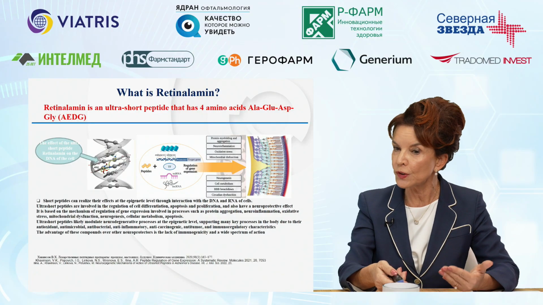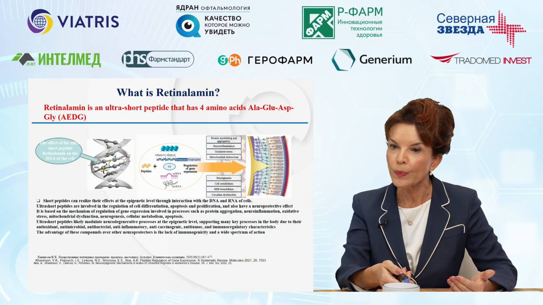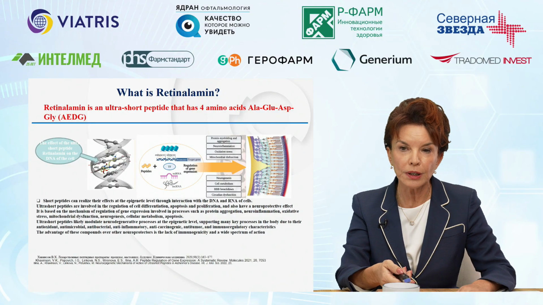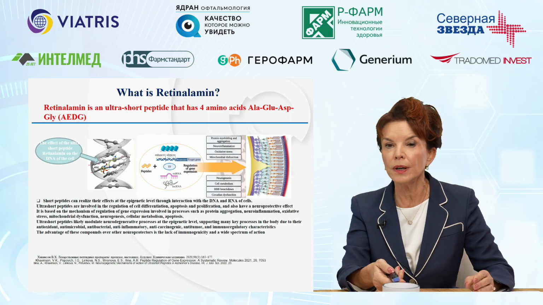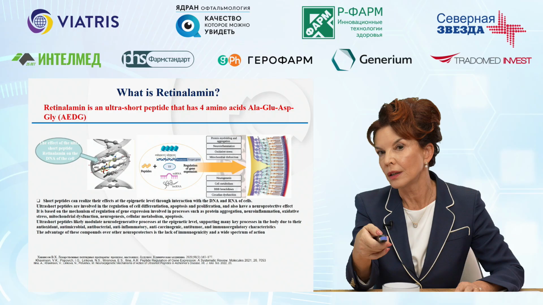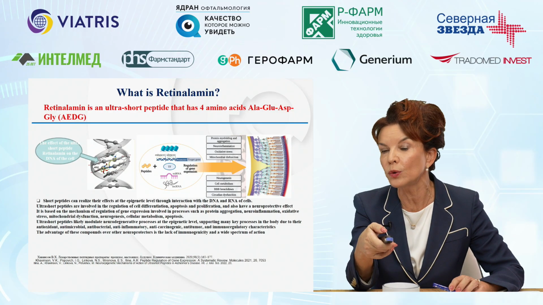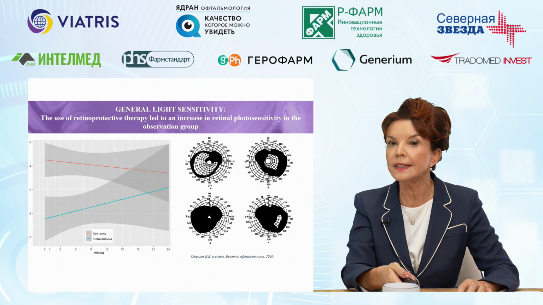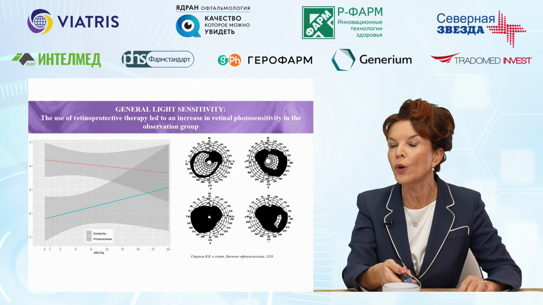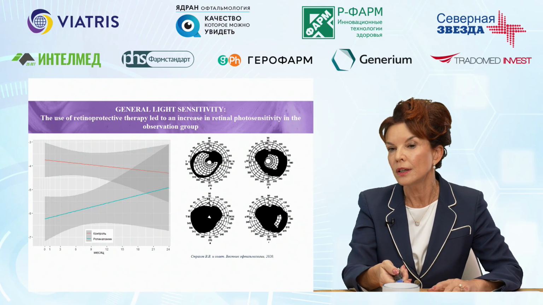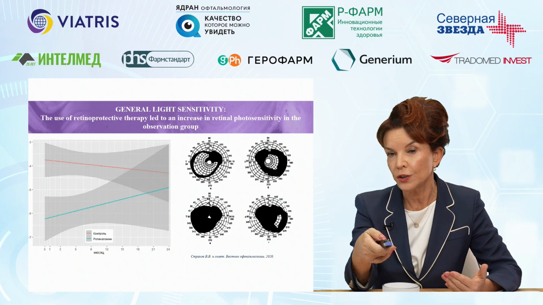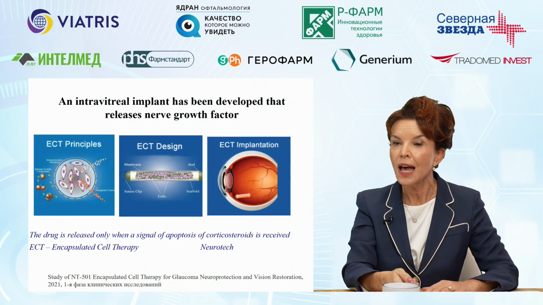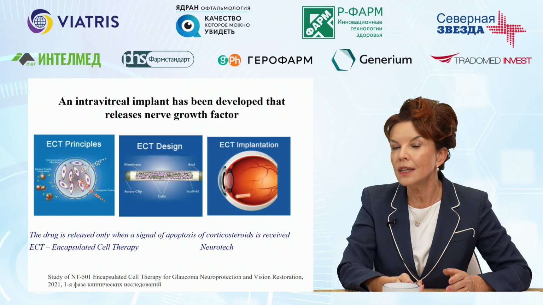They are antioxidant, they could treat mitochondrial dysfunction, also improve cell metabolism, and preserve ganglion cells. The experimental base for retinolamine is very rich, and highly scientific clinical trials are still ongoing, and we have follow-ups showing that retinolamine can preserve visual function in glaucoma, and it is used in our country for many years already.